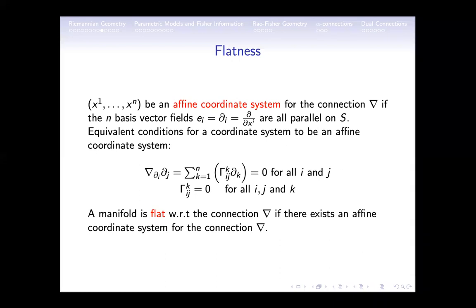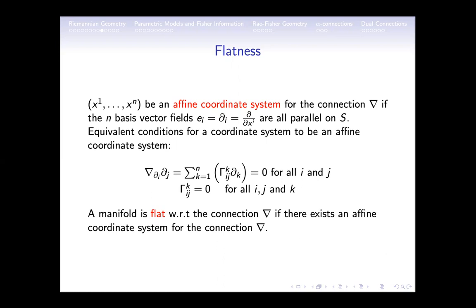So we need to find a coordinate system for the connection nabla in which all the Christoffel symbols of the second kind are 0. These are equivalent conditions for the existence of an affine coordinate system. Basically, the tangent vectors are not at all changing along the manifold. That's why we're calling them flat.